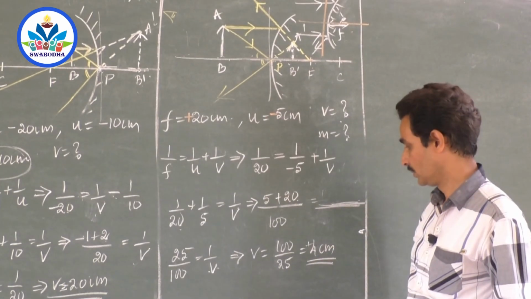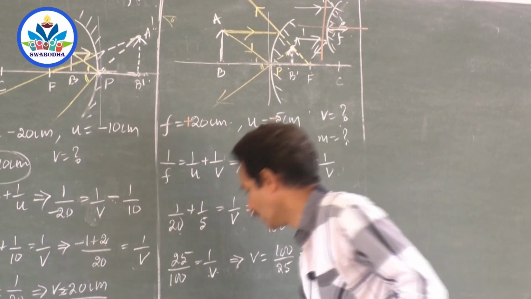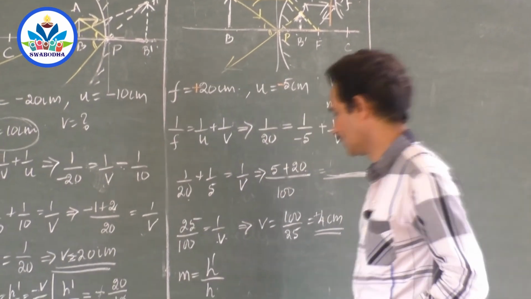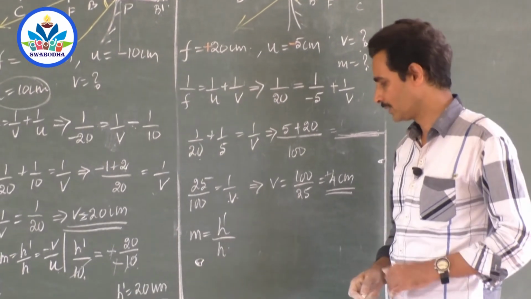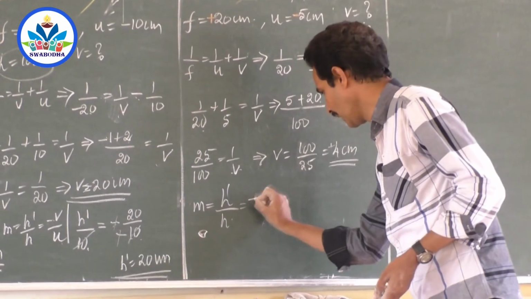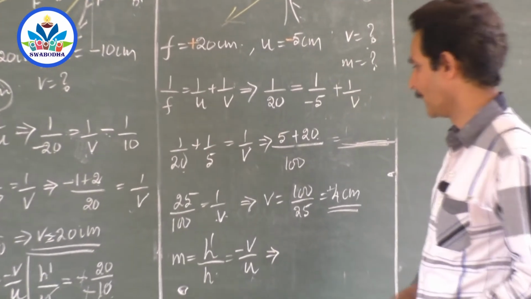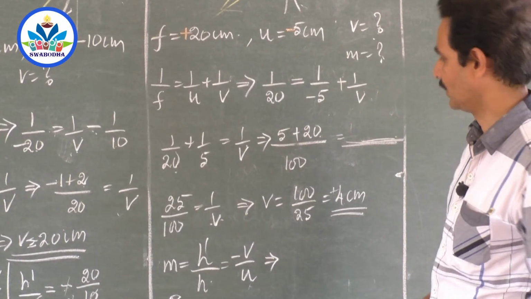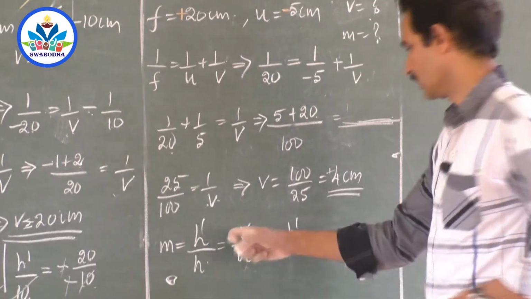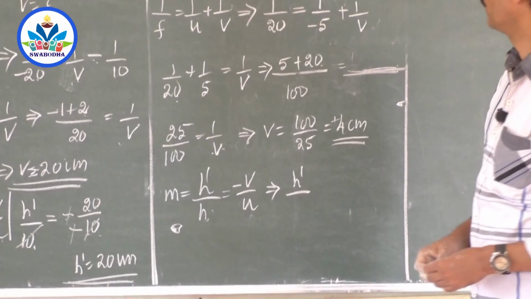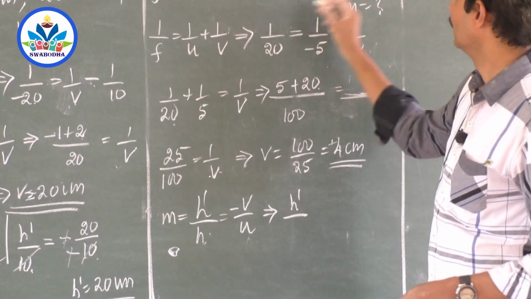It is positive. Now, what about the magnification? Magnification is height of the image by height of the object. H dash is height of the image by height of the object, that is equal to minus v by u. We will apply this. So that implies h dash, which has to be found out. H, height of the object, I have taken it as 10 last time.